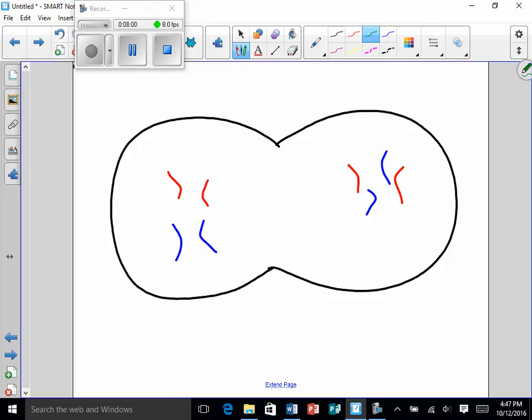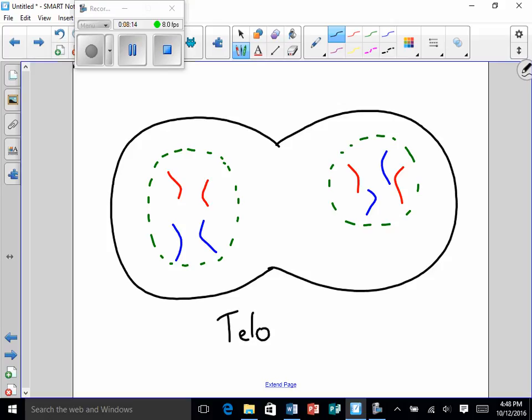Another thing that happens now is we're starting to see the formation of a nucleus again. So it's going to keep all that genetic information safe and in the same spot. That's the most obvious part about telophase. So telophase, the big thing is you have two new nuclei showing up, each with your original amount of chromatids that you started with.